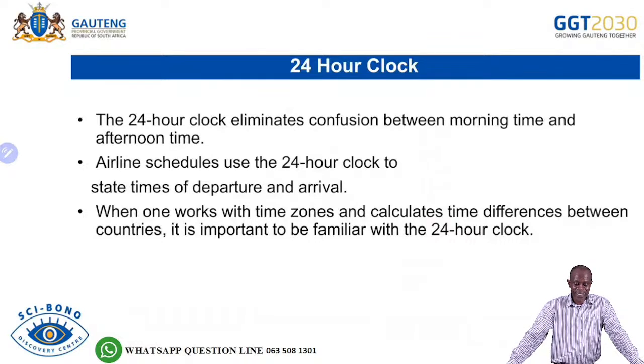On that basis, when we do time zones, we have to use the 24-hour clock at all times. The reason behind that is that airline schedules use the 24-hour clock to state time of departure and arrival.